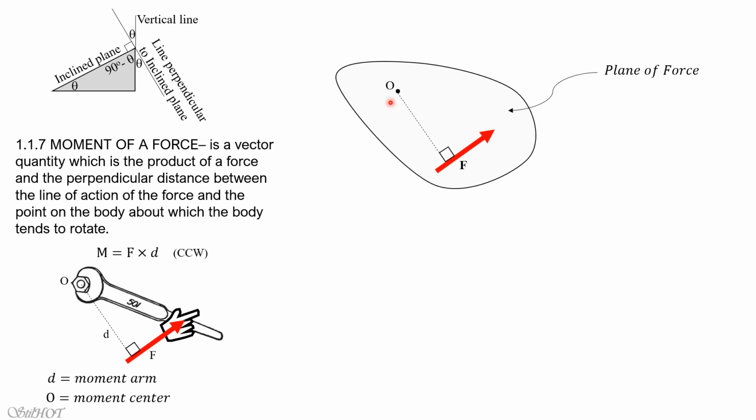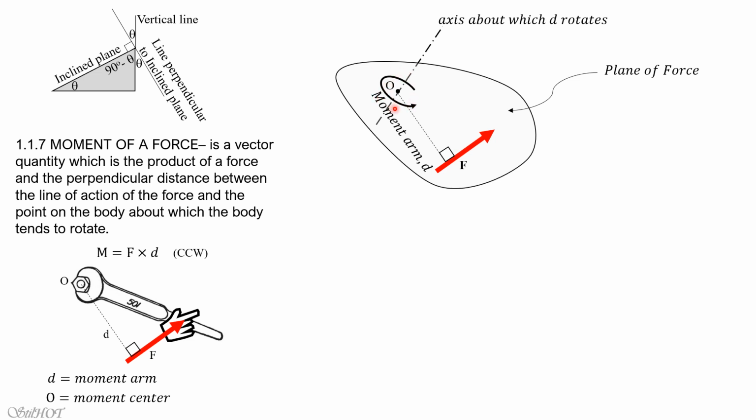So to give you the picture, this is the moment arm D, and this is the axis about which F, or this moment arm, rotates. So this would be the effect. That's the couple. The magnitude of that couple is equal to F times D, and the rotation is in that sense.